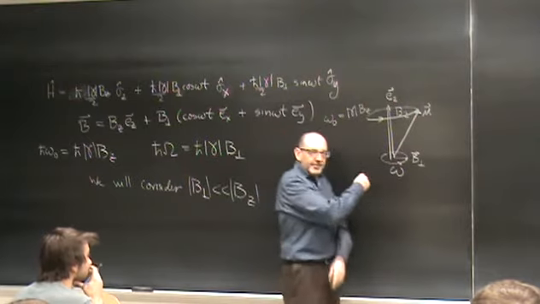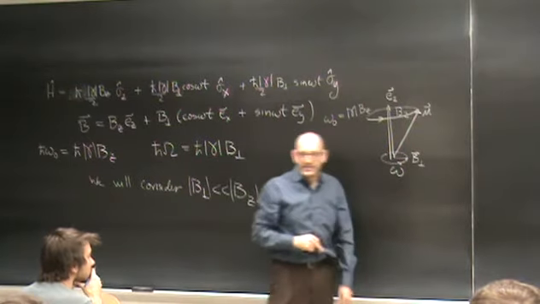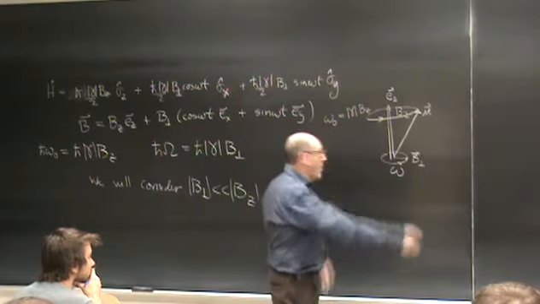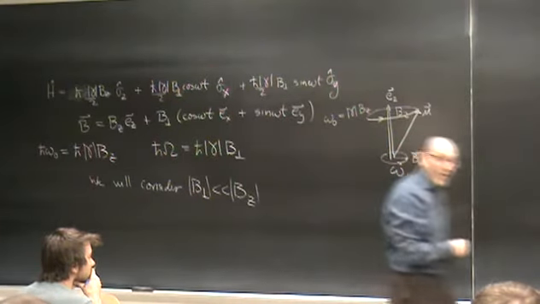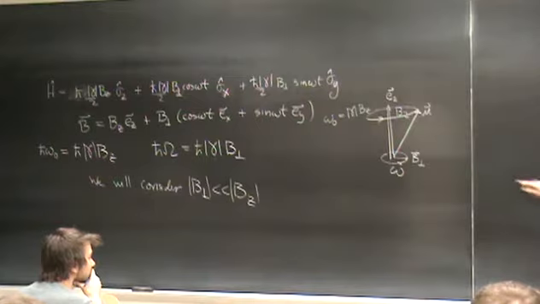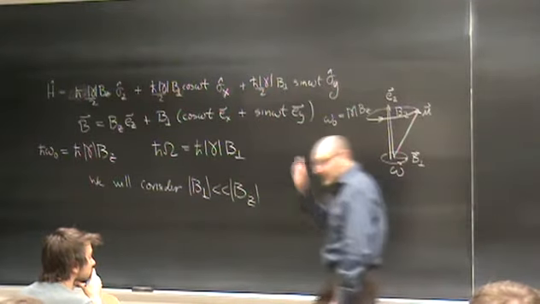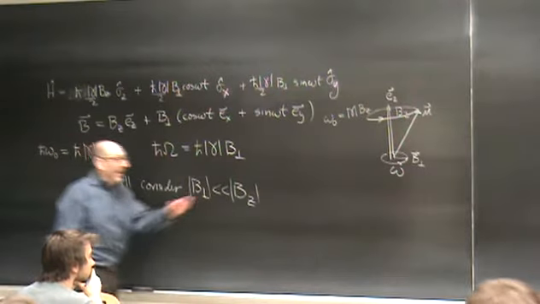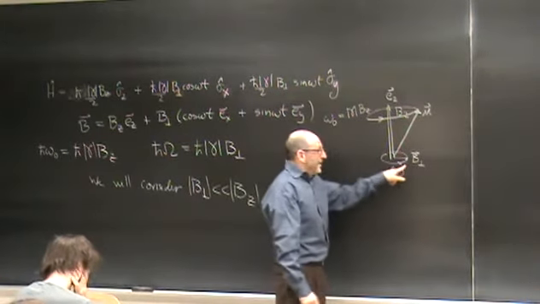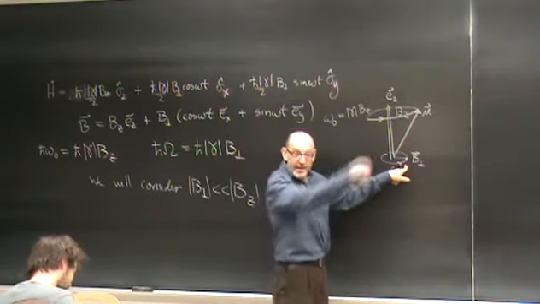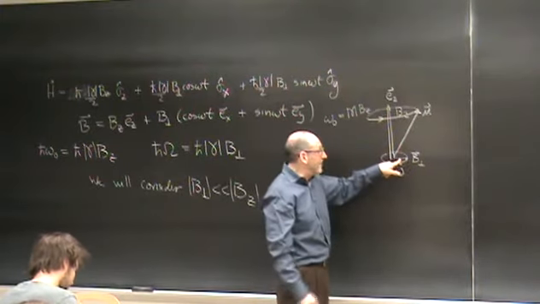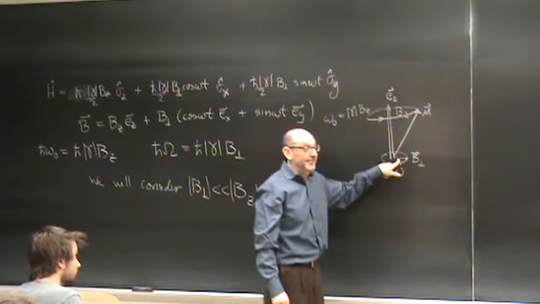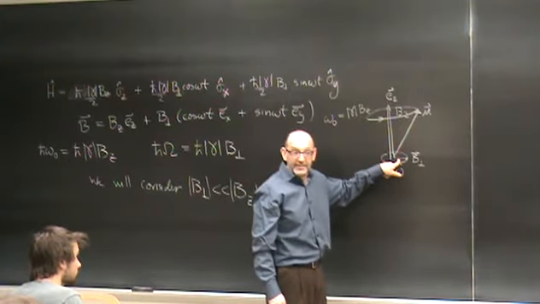But it's not a constant field, it's a rotating field. However, I can go into the frame that is co-rotating with the transverse magnetic field at frequency omega. And in the reference frame that is co-rotating with the magnetic field, I have a constant Hamiltonian. I have a constant B field.